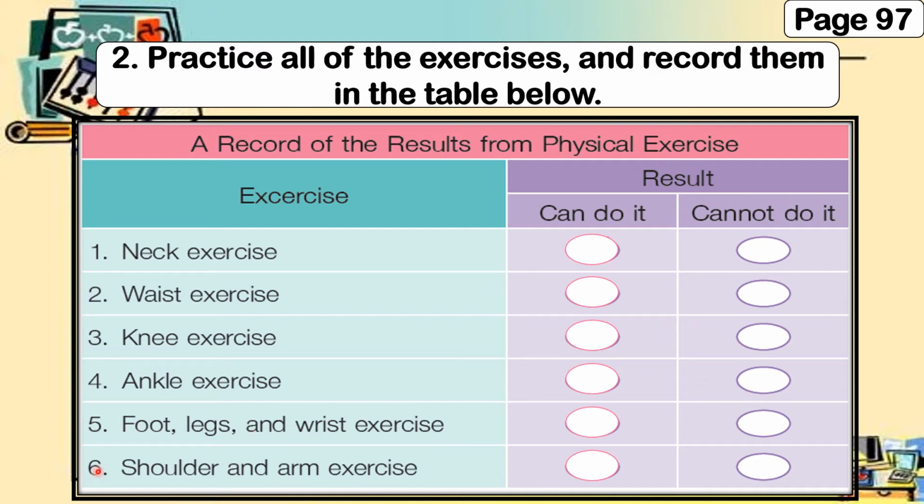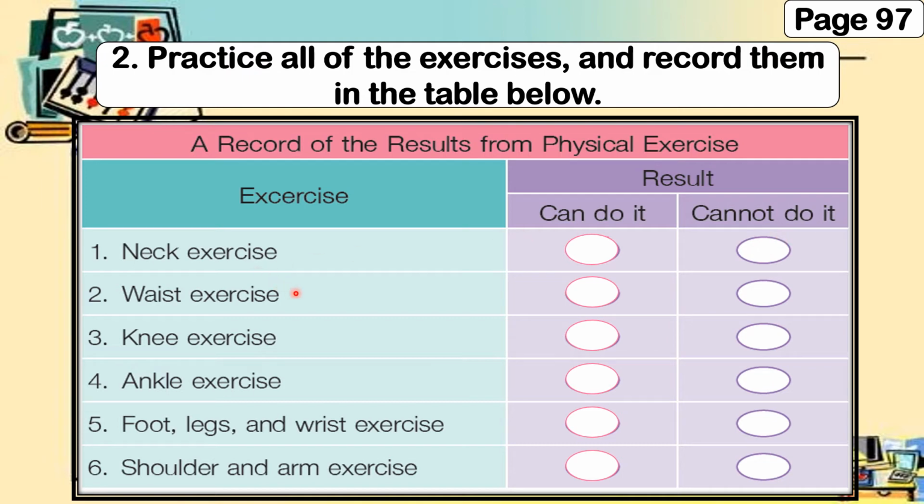And number 6, shoulder and arm exercise. So for example here, if you can do neck exercise, you put a check on this part. But if you cannot do it, you put a check here. So 1 check in number 1 only.